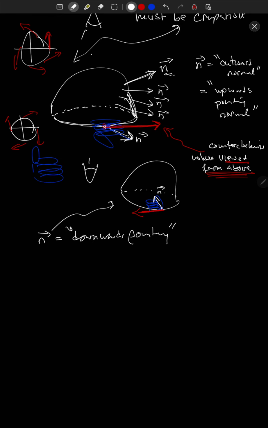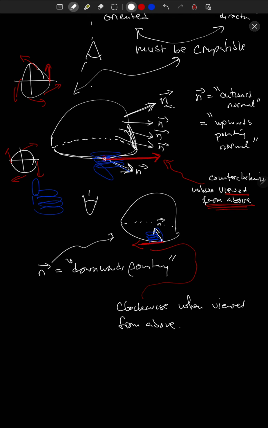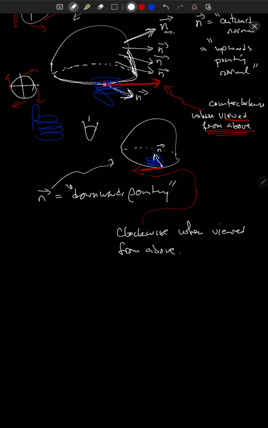This is n here, and the boundary here would be clockwise when viewed from above. So that's something you have to be aware of when you're going to use Stokes' theorem.